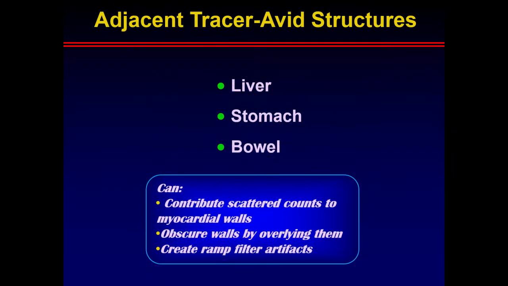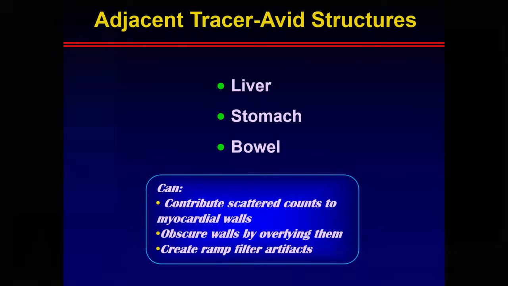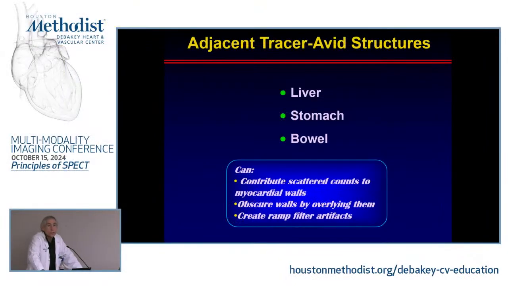And then we have also the other issues of adjacent hot structures, such as liver, stomach, and bowel, which can do several things. They can contribute counts to where you would have ordinarily caused a perfusion defect, or they can obscure walls by overlying a perfusion defect, or they can actually create perfusion abnormalities.